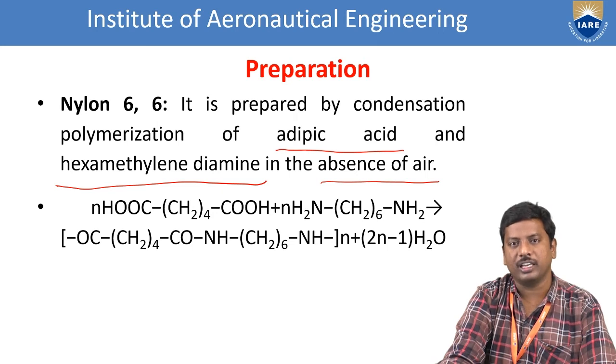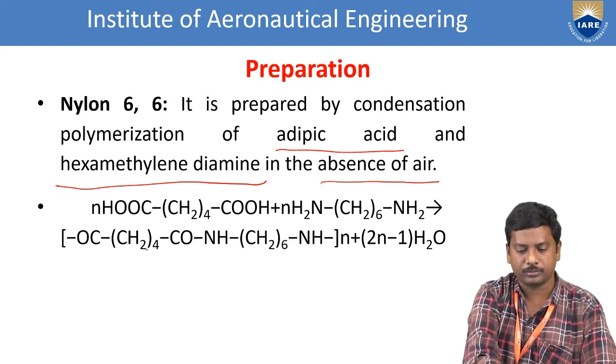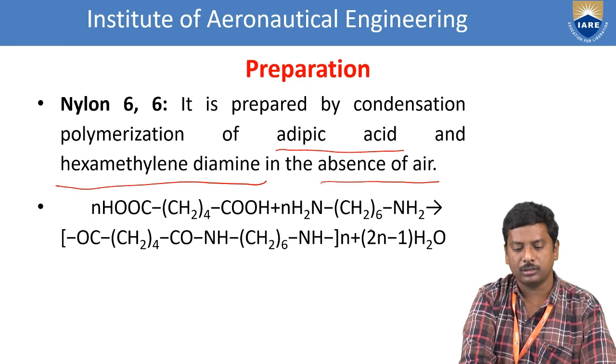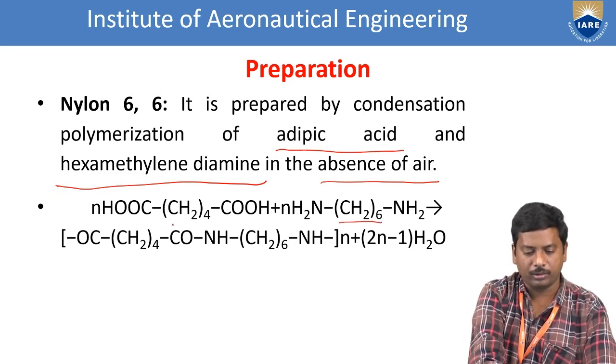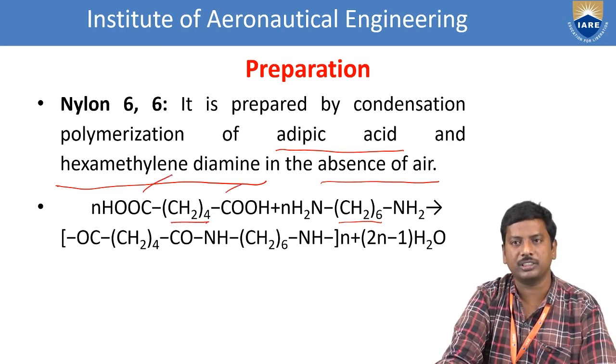Previously we said that nylon 66 refers to the number of carbon atoms in the diamine and adipic acid. In this case, 6 carbon atoms are present in the diamine, and in adipic acid, 4 carbon atoms plus 2 carboxyl carbons, that means 6 carbon atoms. So this is about the representation of nylon 66.